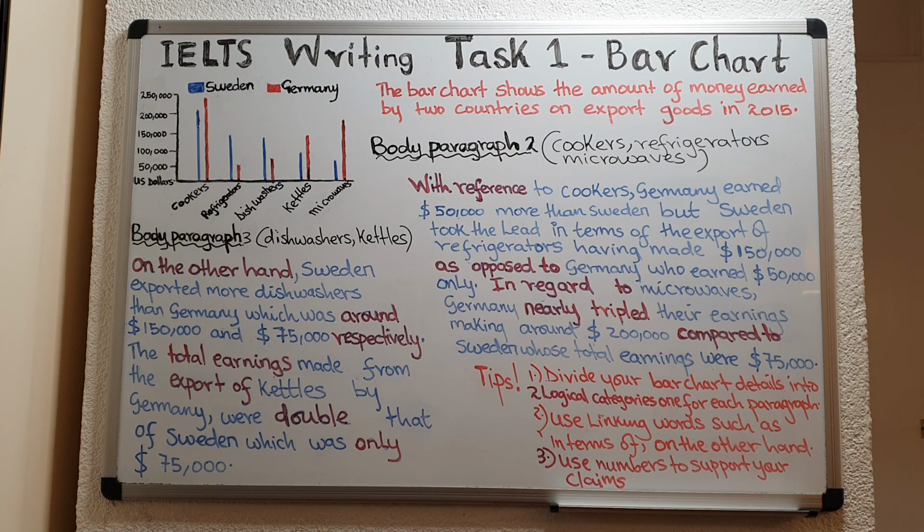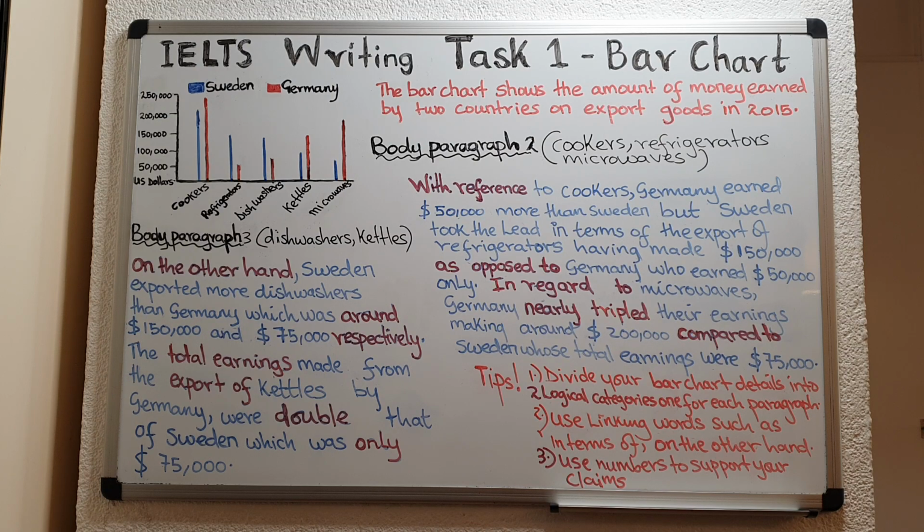So for each particular item, that is cookers, I have to talk about the cookers in terms of Sweden and Germany. And then when I'm talking about refrigerators, I also have to provide information for the two countries, Sweden and Germany. And I have to use numbers to support my claims.